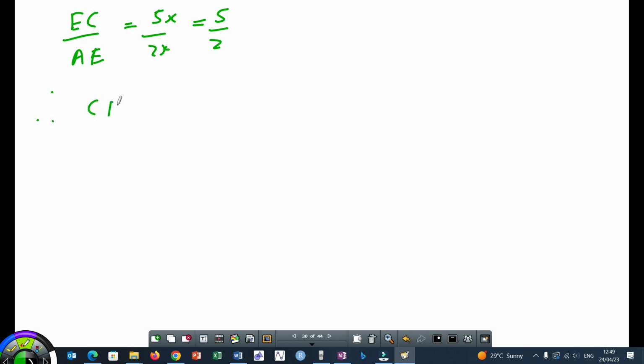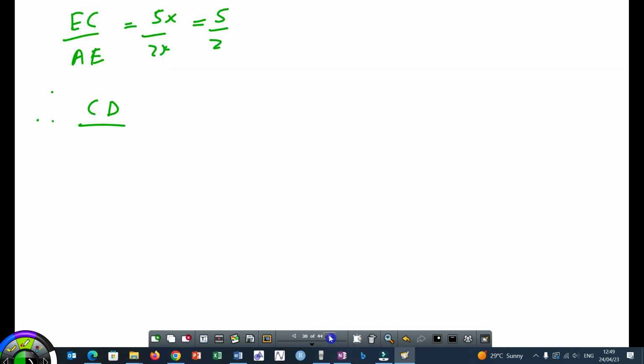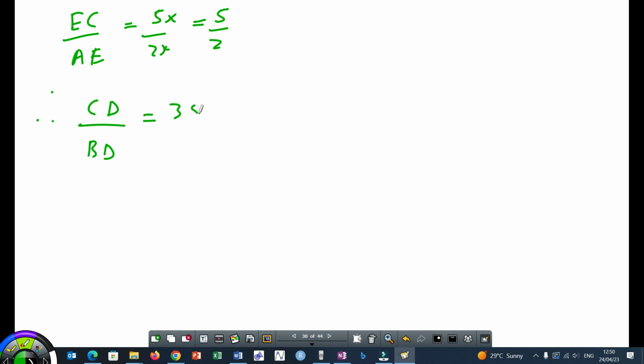So this is going to be equal to CD over BD. So CD over BD is going to be equal to, so I've got that 10 plus this 25 here, so I'll get 35 over what? Over 10. And this is the same as over what? 14. Okay. Over 14. Right, so the highest common factor there is a 7, so I'll get 5 over what?